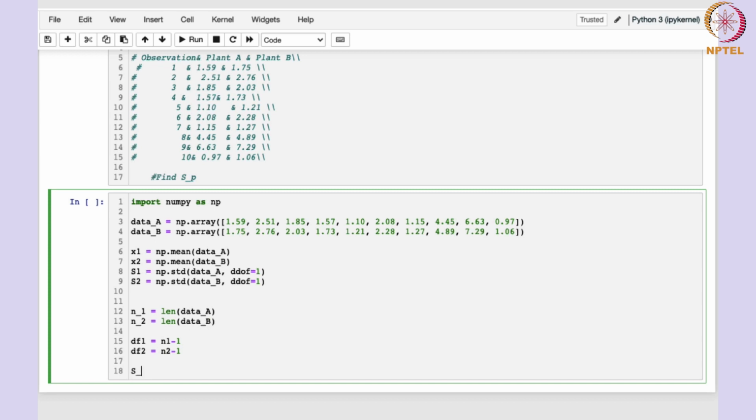So let me write sp equals np.sqrt, and here we specify df1, that is n1 minus 1, into S1 square, and you add the other term, df2, n2 minus 1, into S2 square, this whole thing divided by df1 plus df2, that is n1 minus 1 plus n2 minus 1.